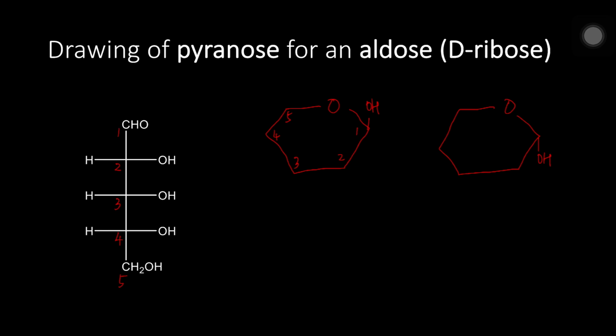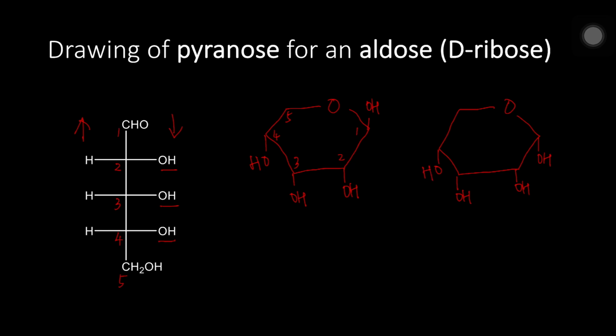For carbon number 2, the group on the left will be up, the group on the right will be down. Carbon number 2, 3, 4, the OH are all on the right, so they will be down, down, and down. It is the same on the other anomer.